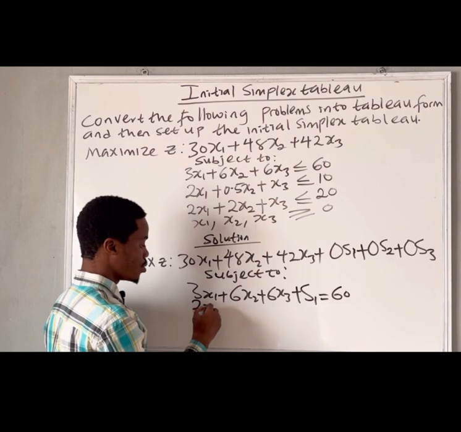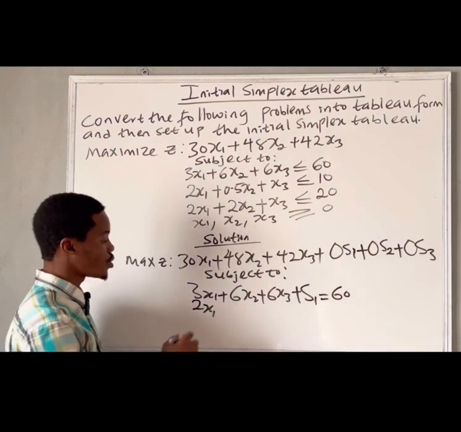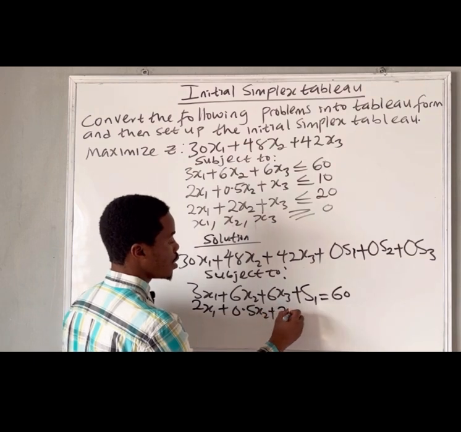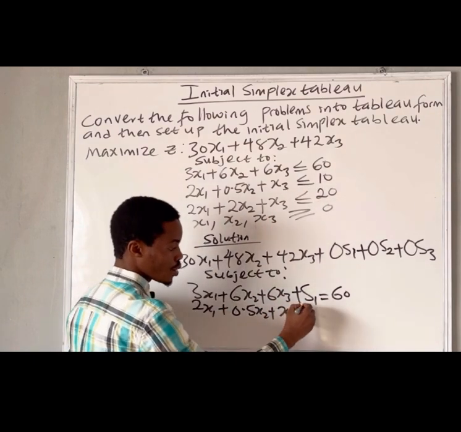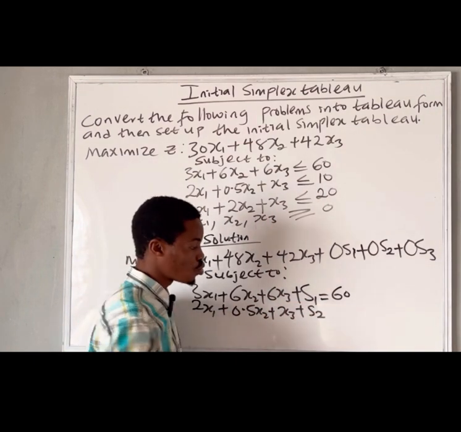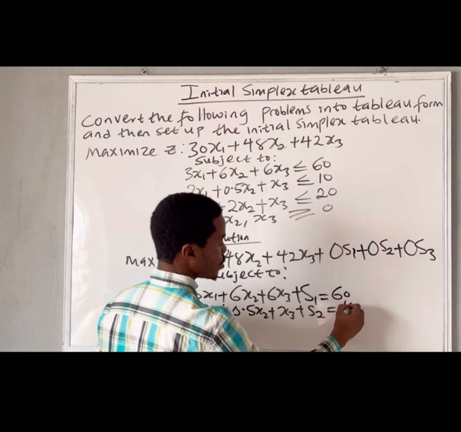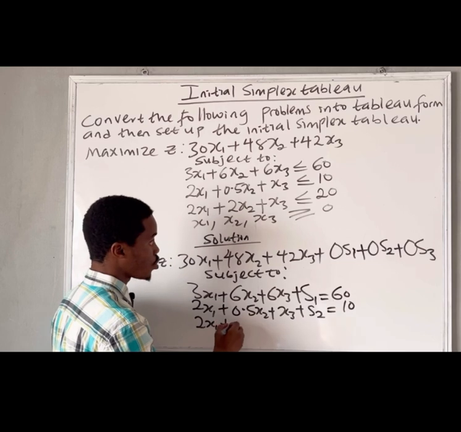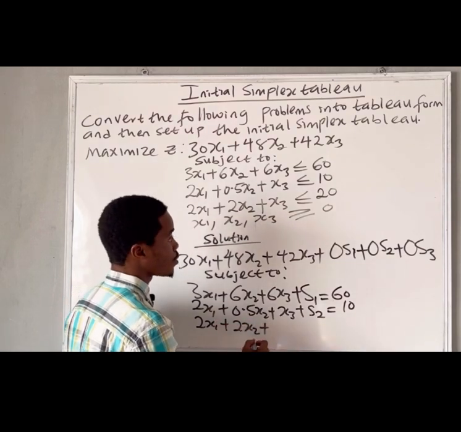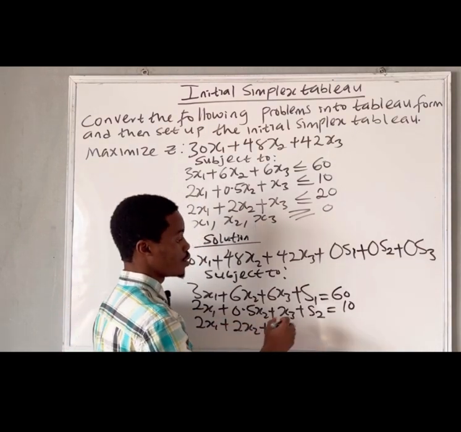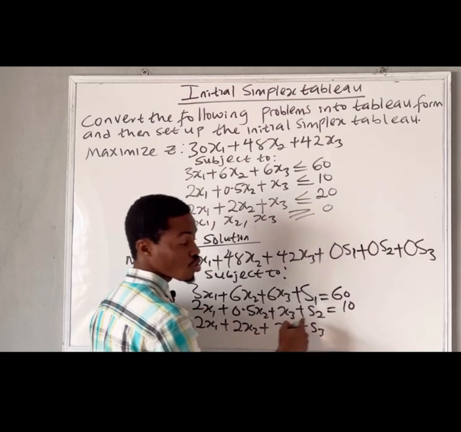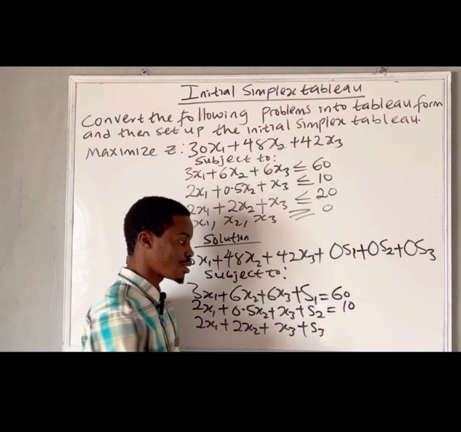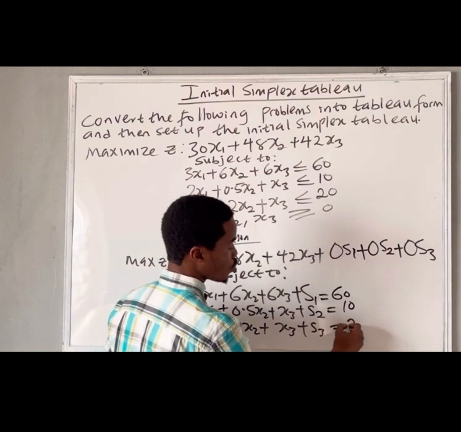Then my second constraint: 2x1 + 0.5x2 + x3 + the second slack variable s2 = 10. Then the last constraint is 2x1 + 2x2 + x3 + the third slack variable s3 = 20.